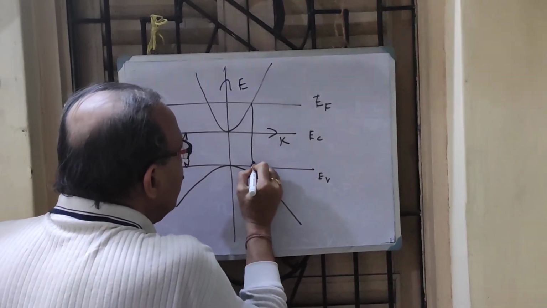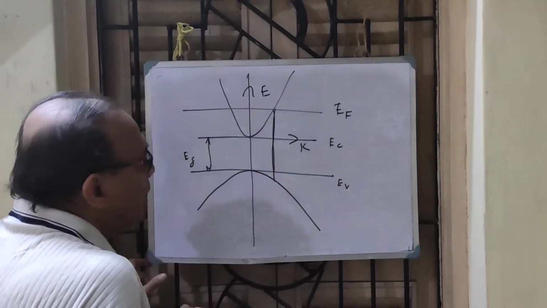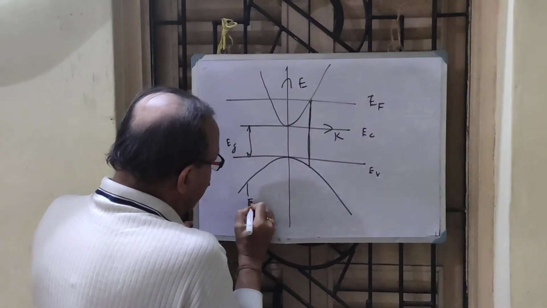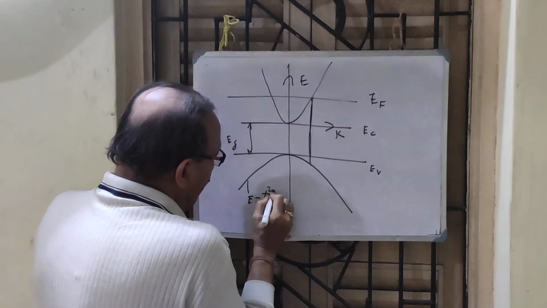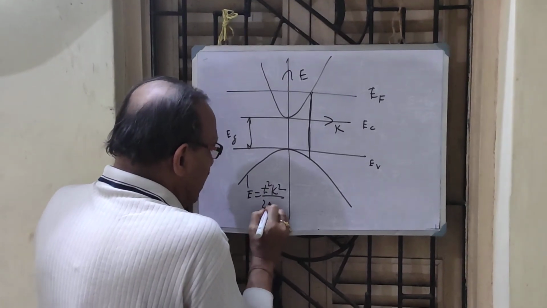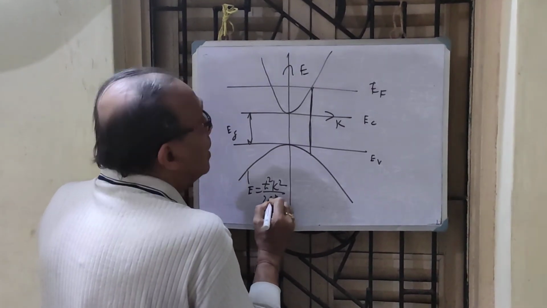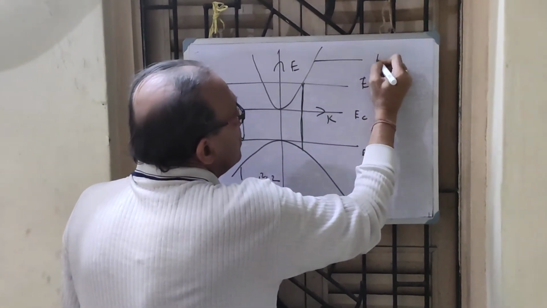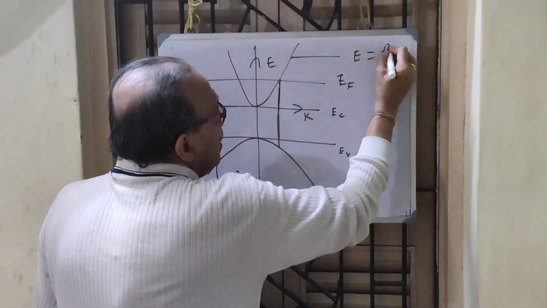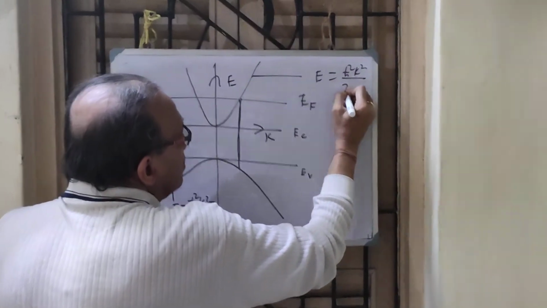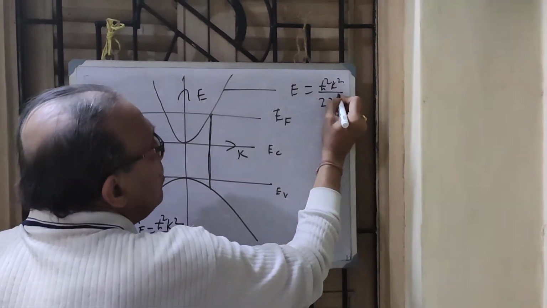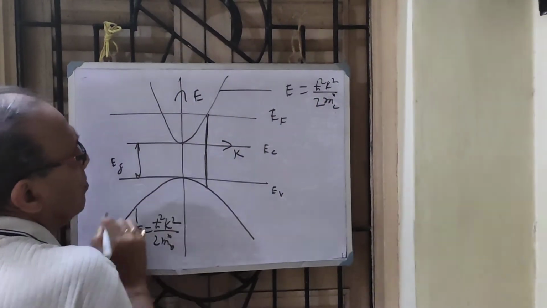What is the total energy needed to transfer one hole from the valence band, whose dispersion relation is E equal to h bar square k square by 2 mv, to the Fermi energy in the conduction band, whose dispersion relation is E equal to h bar square k square by 2 mc. mc is the effective electron mass at the conduction band.